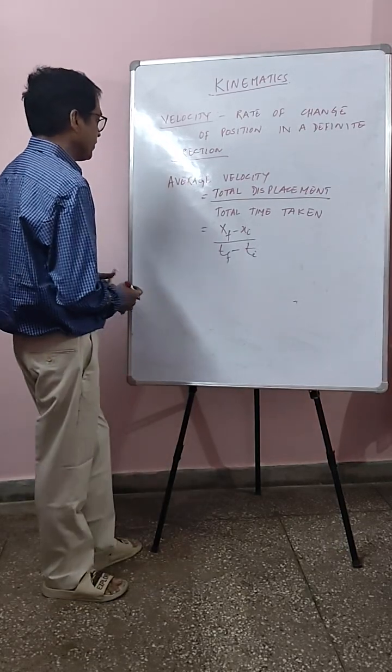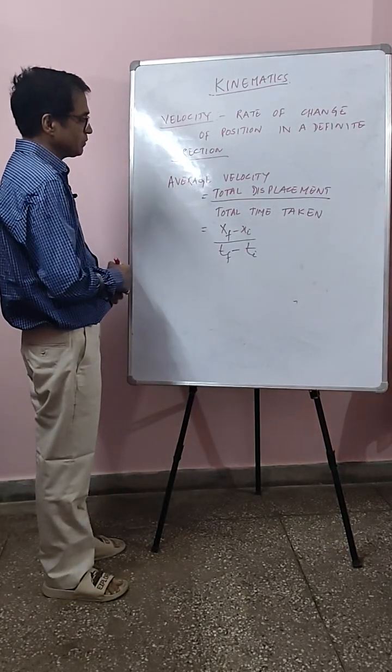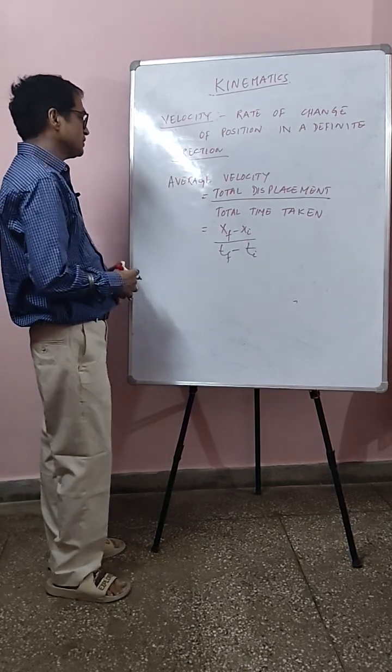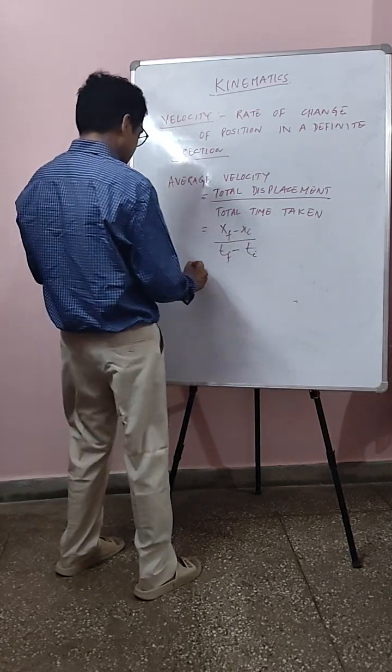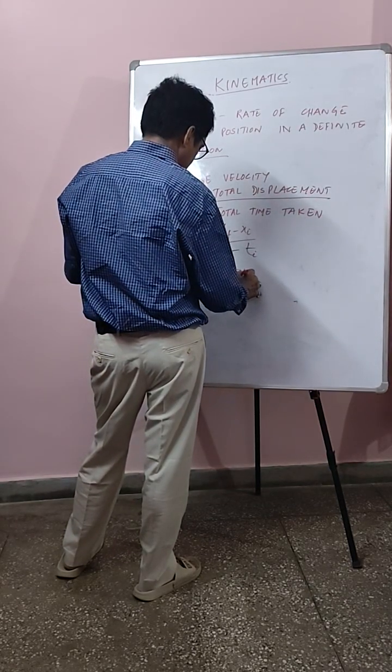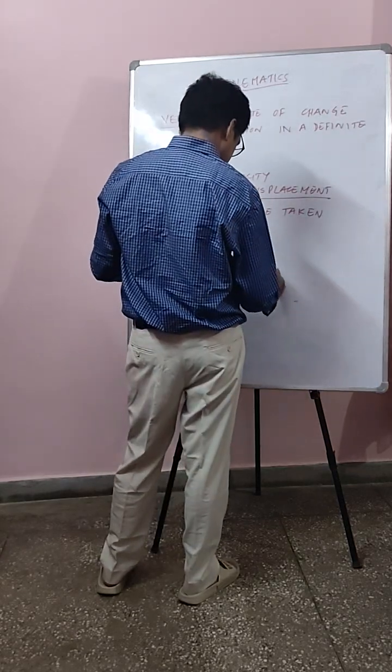So this is our average velocity, total displacement upon total time taken. And since velocity is a vector, average velocity is a vector quantity.